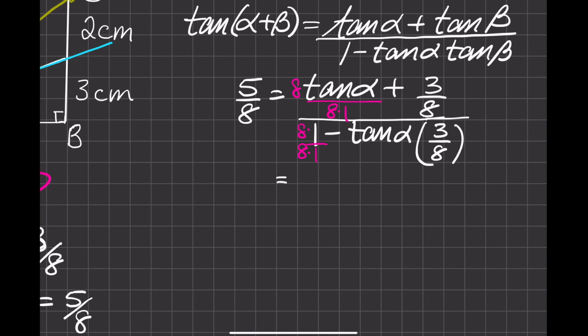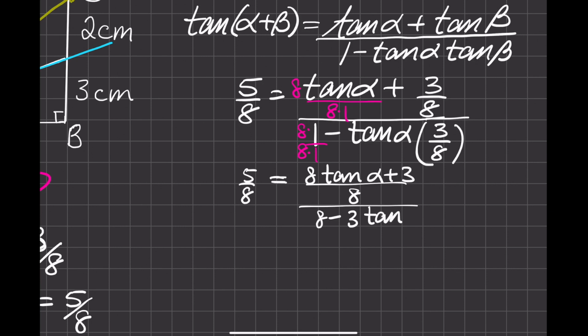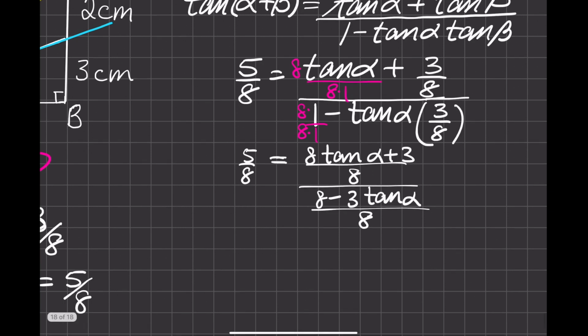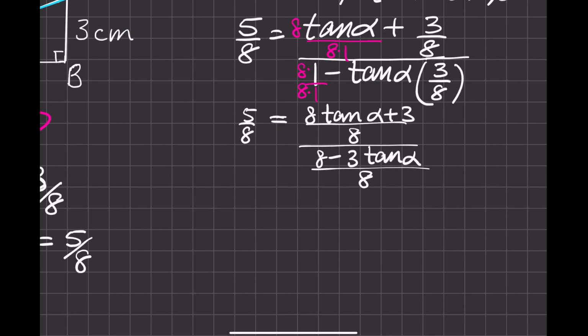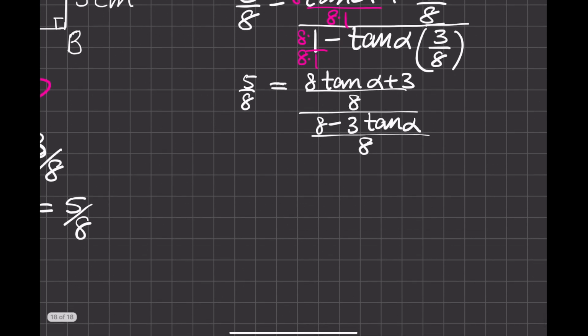So we've got that 5 over 8 is equal to 8 tangent of alpha plus 3 over 8 is equal to 8 minus 3 tangent of alpha over 8. And I'm showing this differently than I did the other problem, just to give you a different look of how you can handle these fractions. We have 5 over 8 is equal to 8 times the tangent of alpha plus 3 over 8.